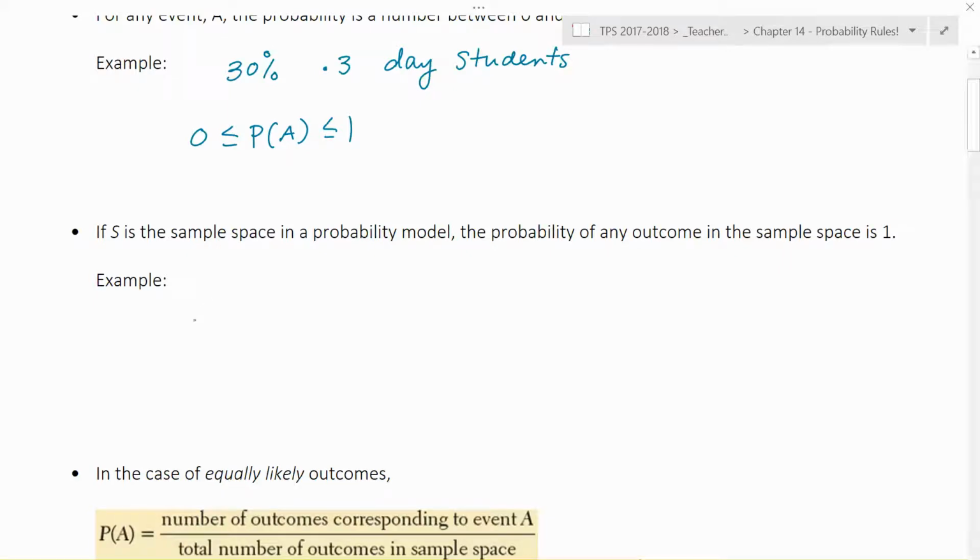Here's how we say it formally: let's imagine randomly selecting a student from the Williston population, and that student could either be a day student or a boarding student, and that includes all possibilities. So the probability of day or boarder has to be 100% or 1.